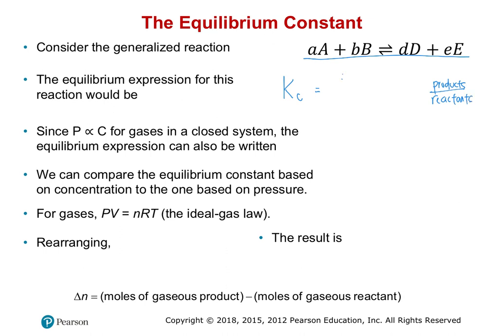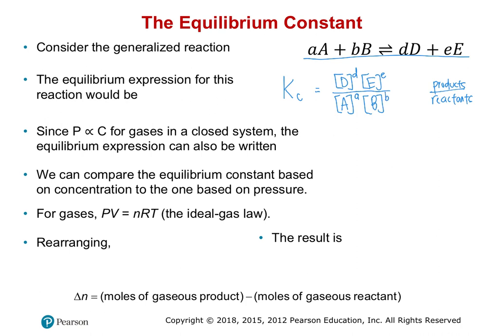So our products are D, raised to the d power, times E to the e power. Now before, when we had our kinetics, the powers were found experimentally. In this case, it is always related to the coefficients of our reaction.